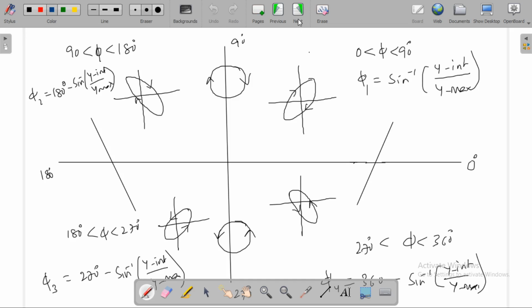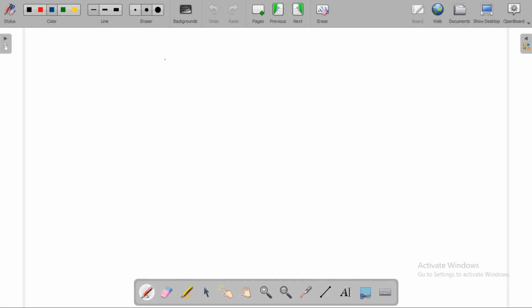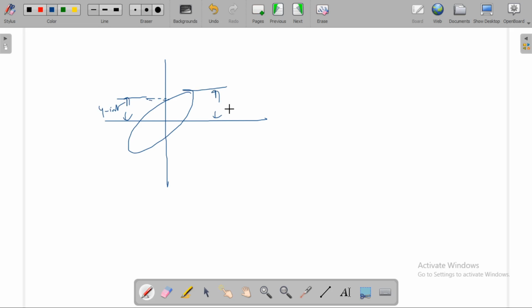So if you have an ellipse like this, then from here to here, this will be the y intercept, and from here to here this will be y max.